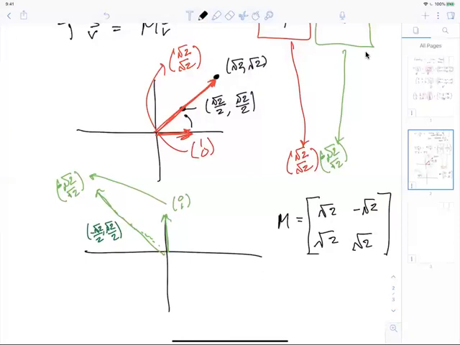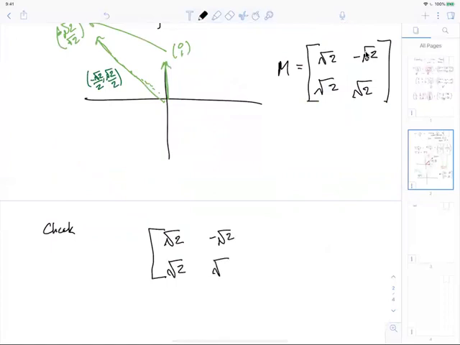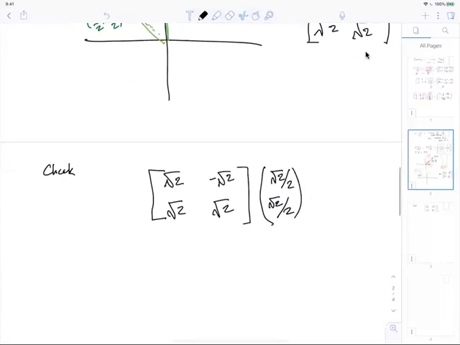Now this might seem magical, but let's just do a sanity check. Let's make sure that this matrix actually does what we want it to do. So let's just do a final check. Let's take this matrix and we're going to multiply it by the point minus square root of 2 over 2, square root of 2 over 2. So why am I picking that point? We're just doing a check.